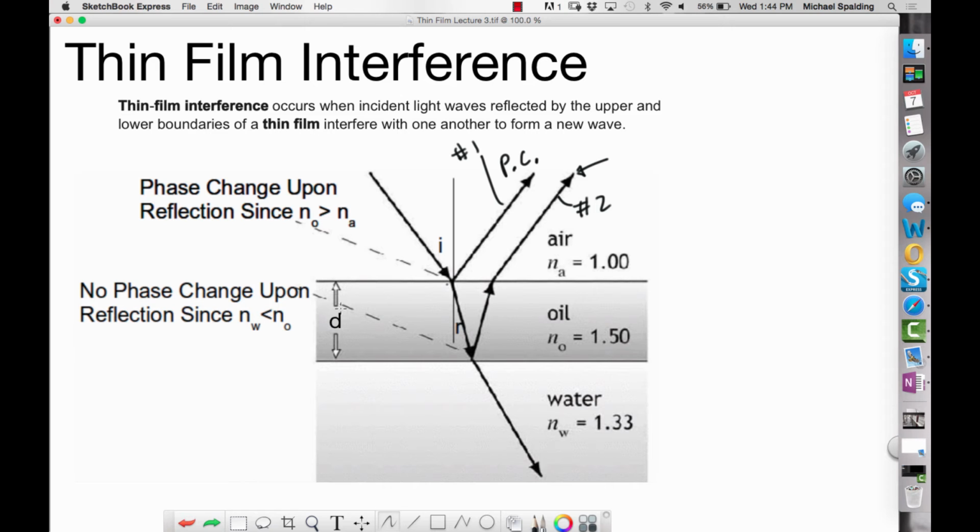This is an approximation. We're going to call the extra distance traveled, as this ray goes down to the water boundary and then back up to the air boundary, 2D. It's an approximation. Is it pretty close? Yeah.